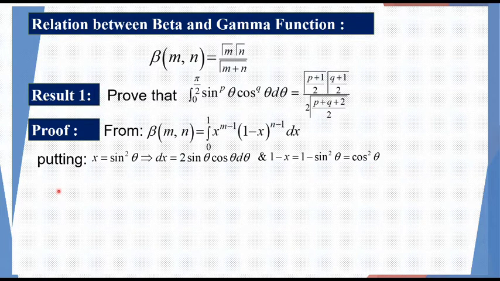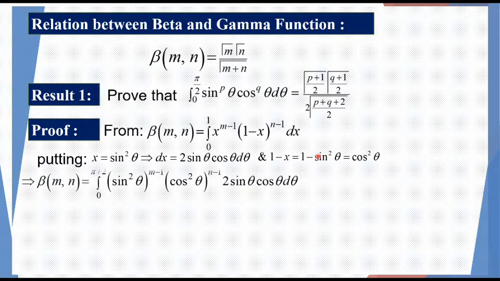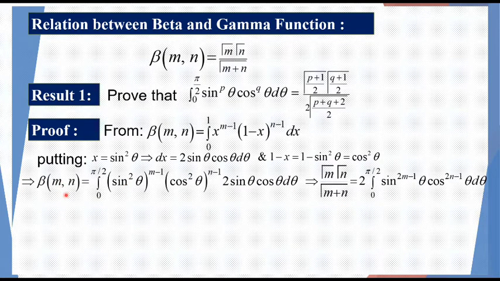So on putting all these terms in this integral, we get beta(m, n) equals integral 0 to pi by 2 (sine square theta) power m minus 1 (cos square theta) power n minus 1 into twice sine theta cos theta d theta. Or this beta(m, n) can be rewritten in gamma function as gamma m gamma n upon gamma (m plus n).